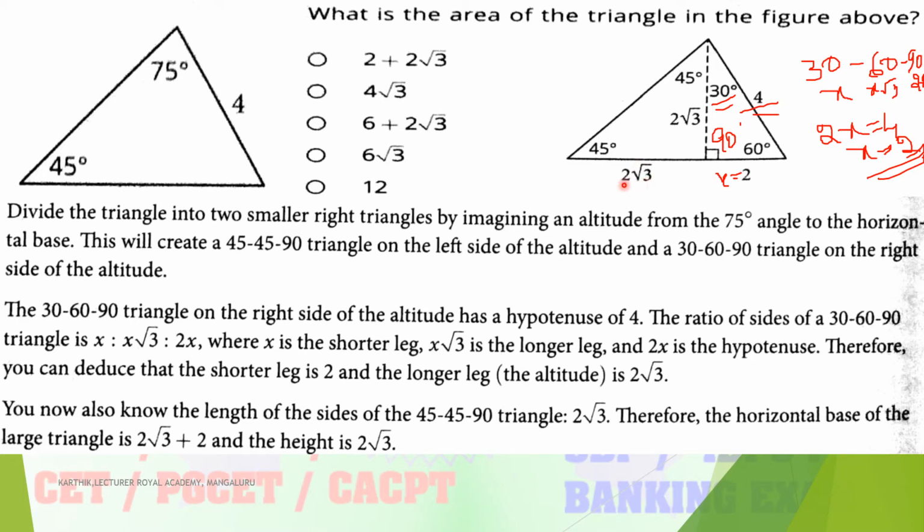Then what do we have to determine? The area of the triangle. How to determine the area of the triangle? Area is equal to base into height. So which one is base here?